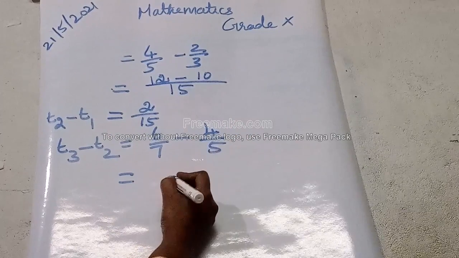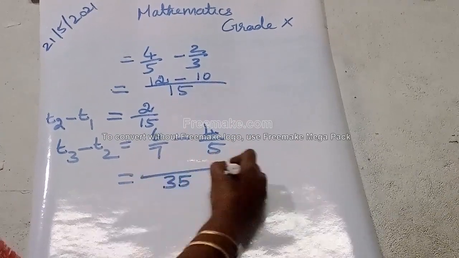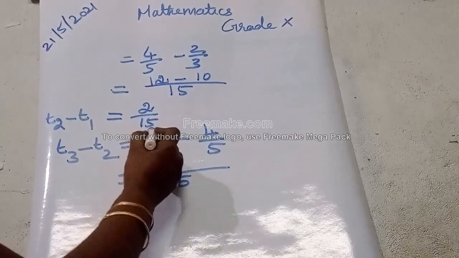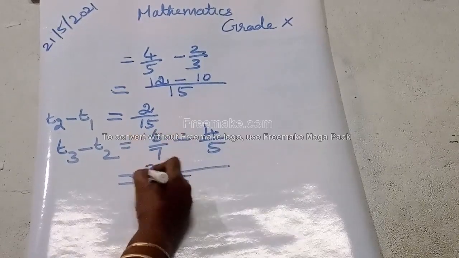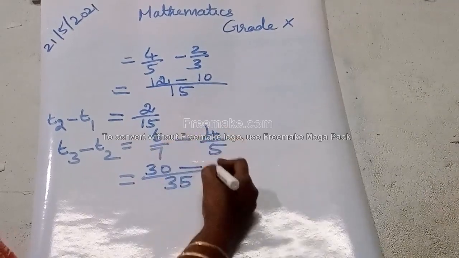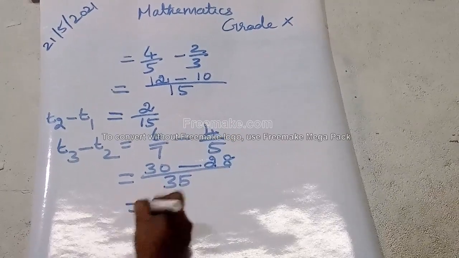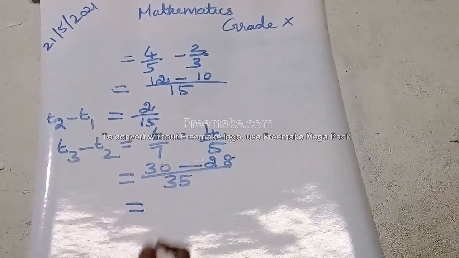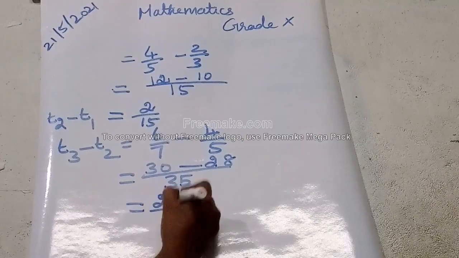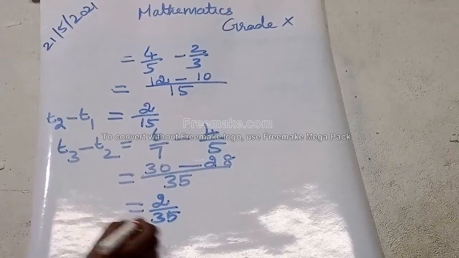What is the LCM of 7 and 5? 7 fives are 35. The numerator: 6 into 5 is 30, minus 7 into 4 is 28. What is 30 minus 28? 2/35.